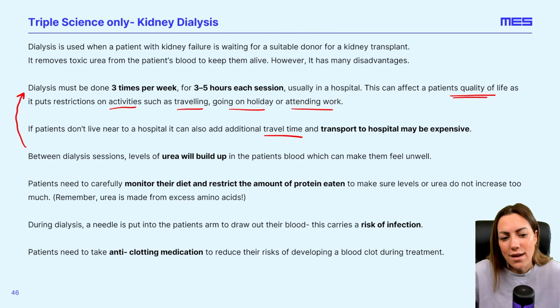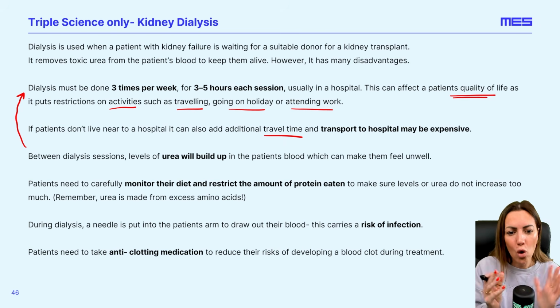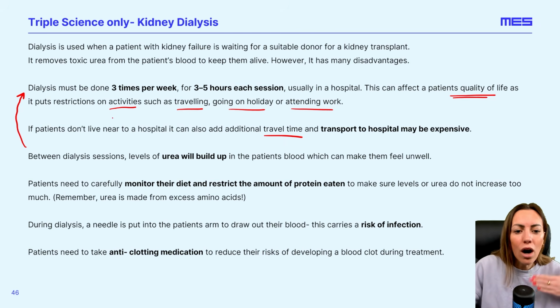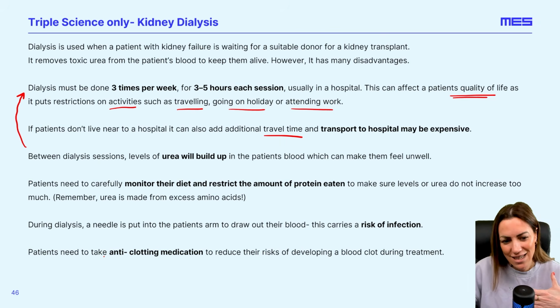Now, the way this works is you'll probably have to evaluate either transplants or dialysis or both of them together. So make sure you can give the pros and cons. Obviously, these are all cons of dialysis, but you can use your cons of transplant as advantages of dialysis.